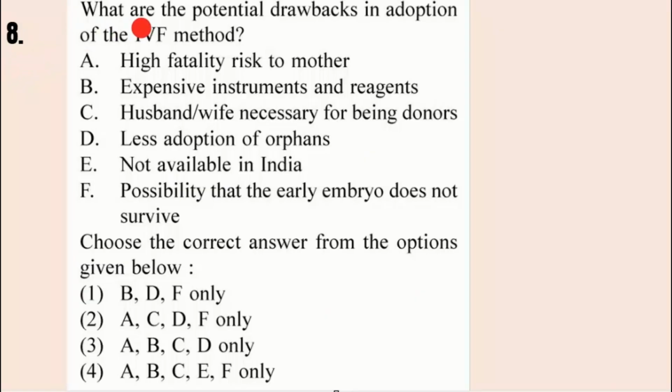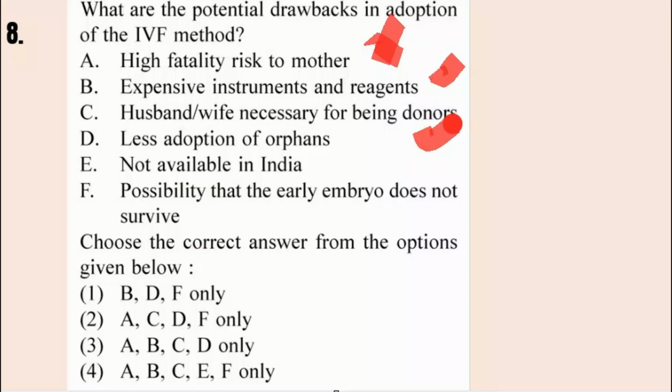Question number 8. What are the potential drawbacks in adoption of the in vitro fertilization method? Option A. High fatality risk to mother. That's not there, so that is wrong. B. Expensive instruments and reagents. That is there. C. Husband or wife necessary for being donors.